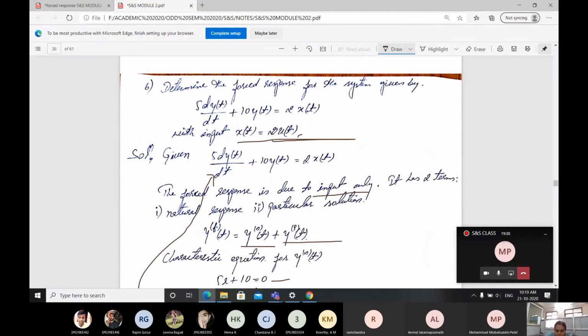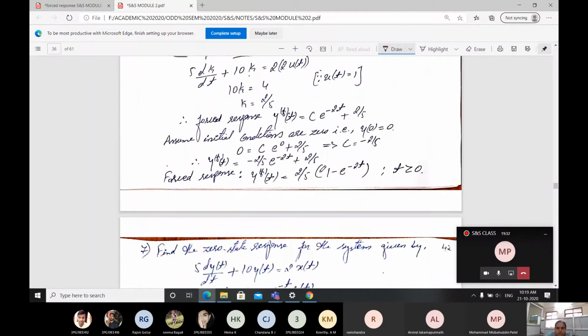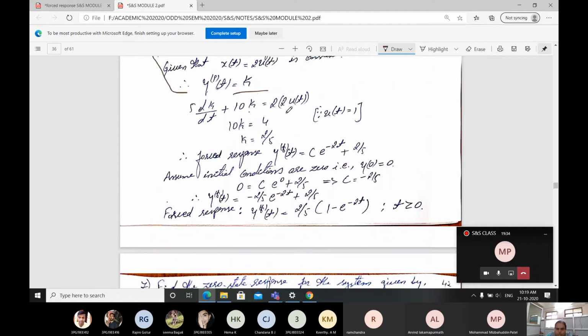X of t is 2 into u of t, that's 2 into 2 u of t. Solve for this. Differentiation of a constant is going to be 0 only. Therefore, you will be left with 10k equals 4, because u of t is always 1. Therefore, k is going to be equal to 2 divided by 5.